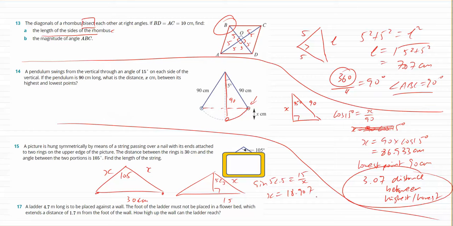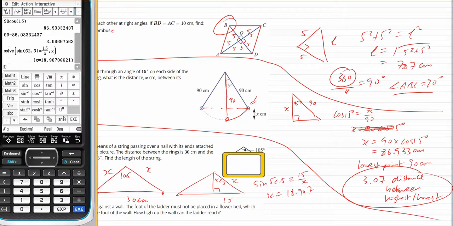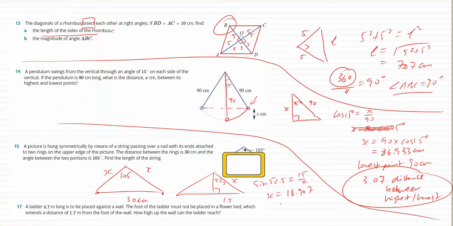If I multiply by 2, I get the total amount of string I need, 37.81. So 2x equals 37.81 centimeters. That's the amount of string I need.